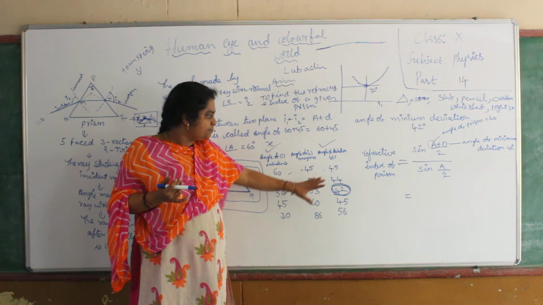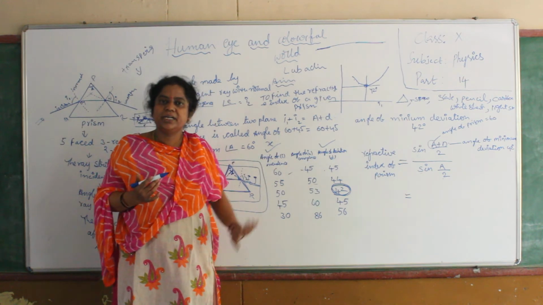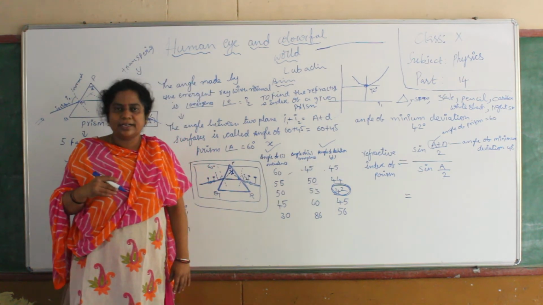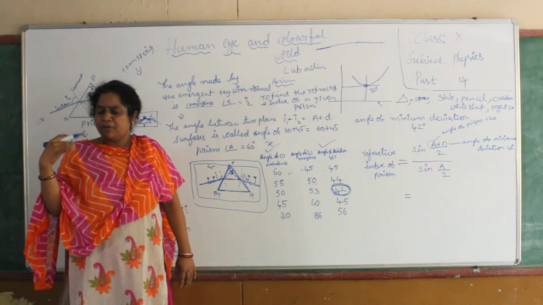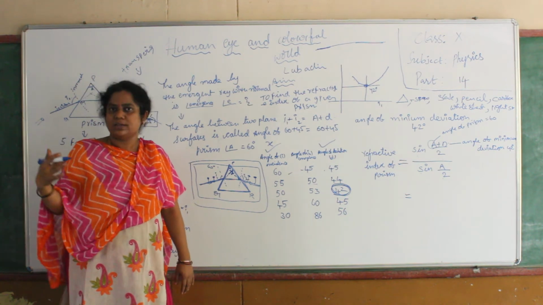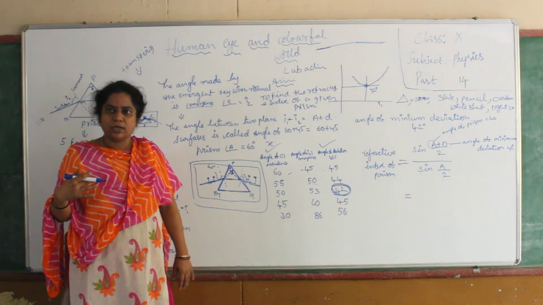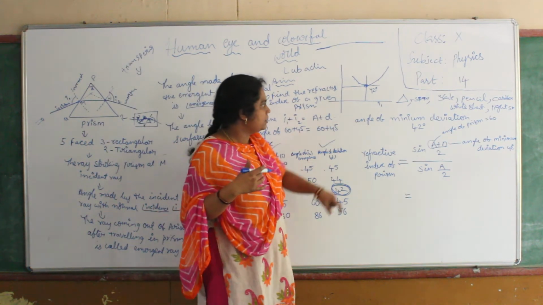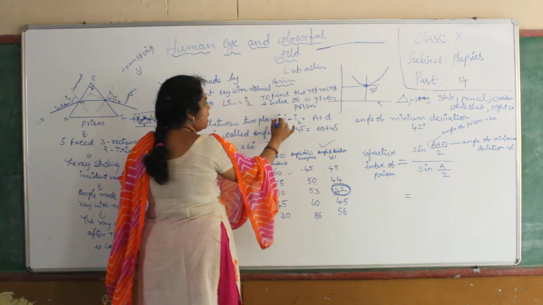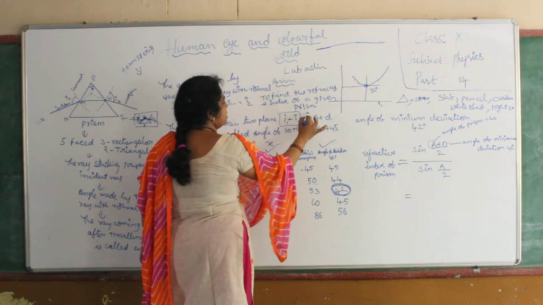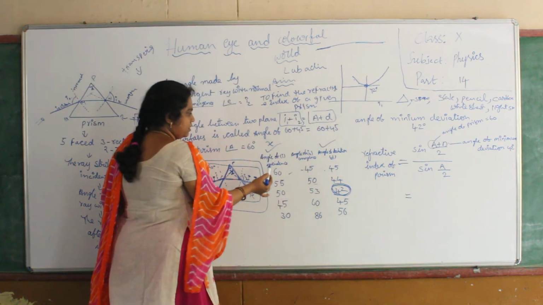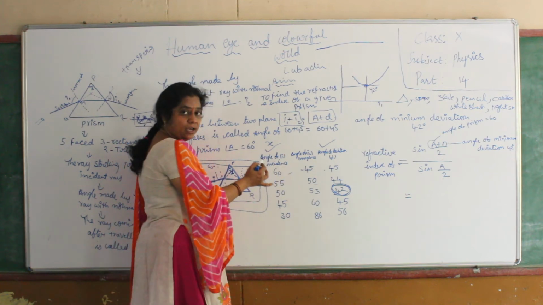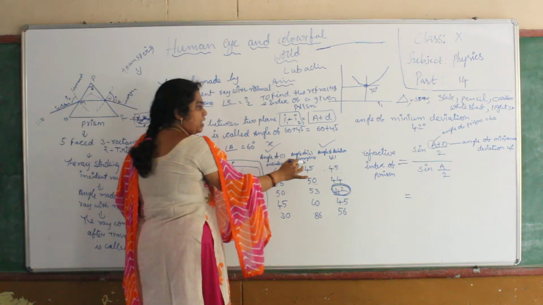Whether your experiment is correct or not, to check that, just as in maths you check your answer for every problem, there is a formula: I1 plus I2 is equal to A plus D. Here I1 is the angle of incidence and I2 is the angle of emergence.